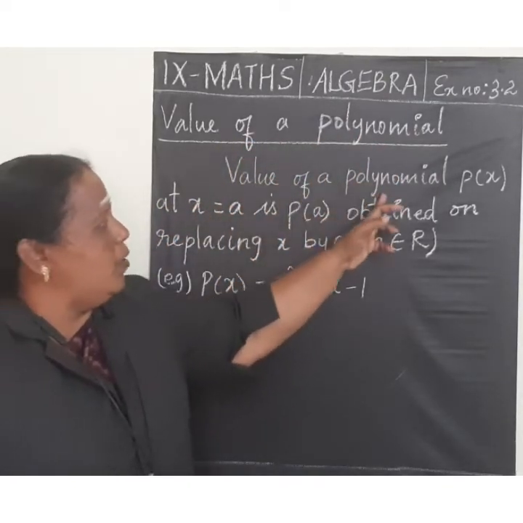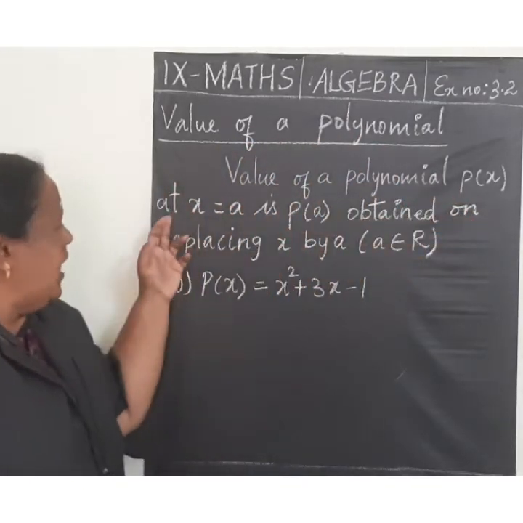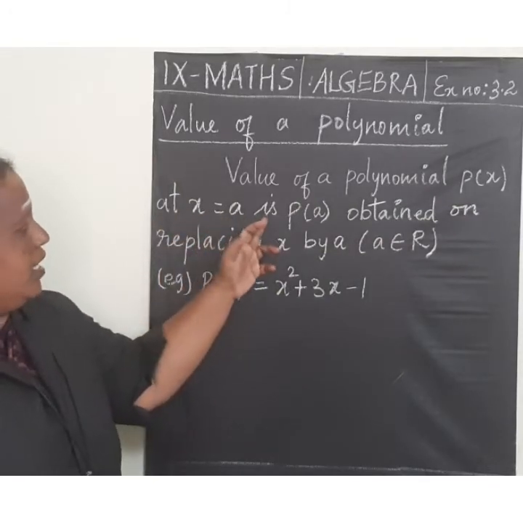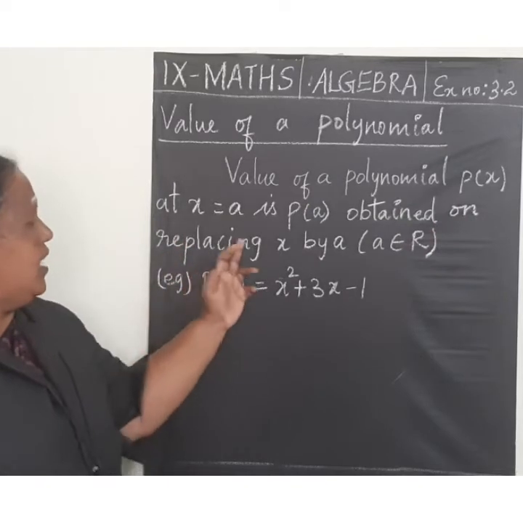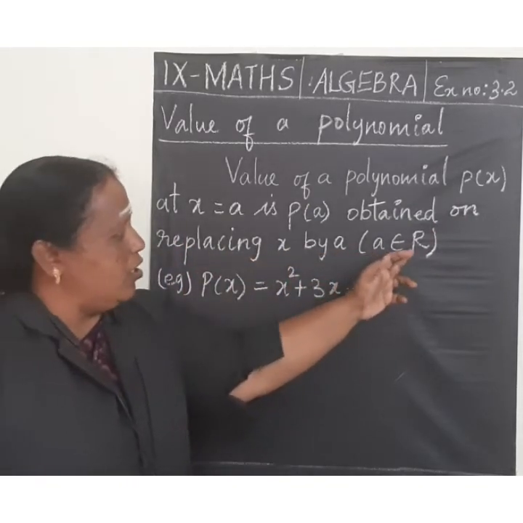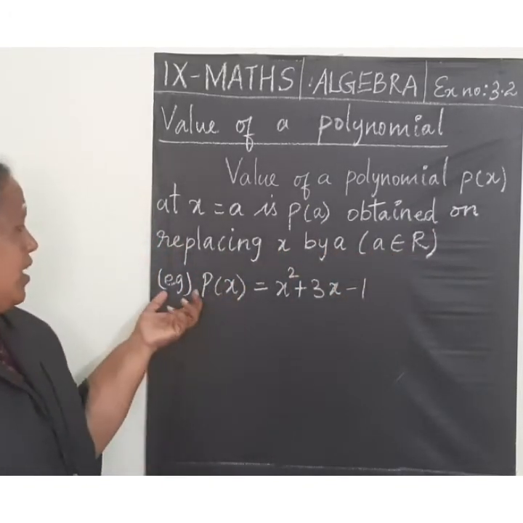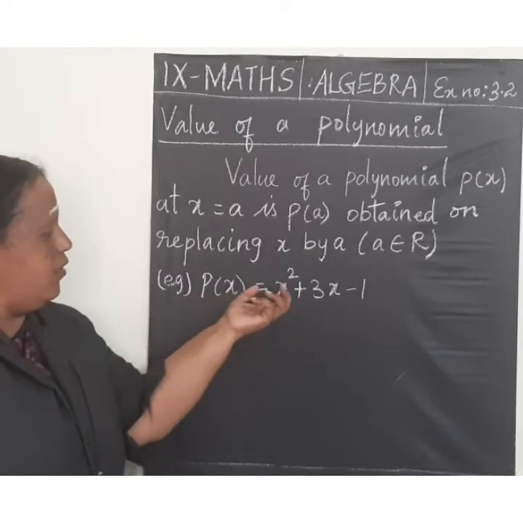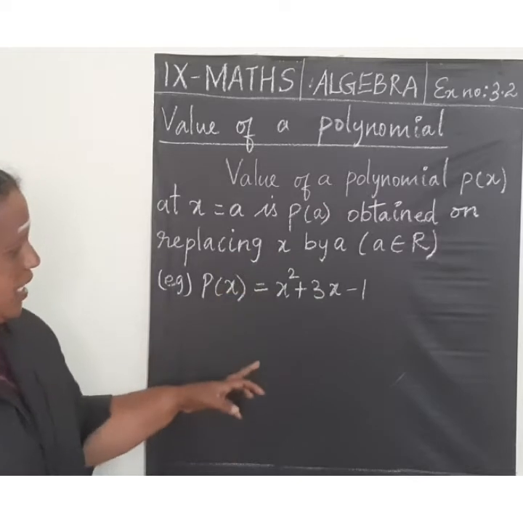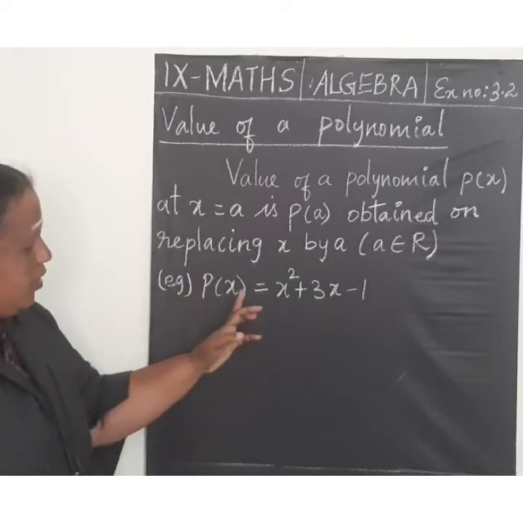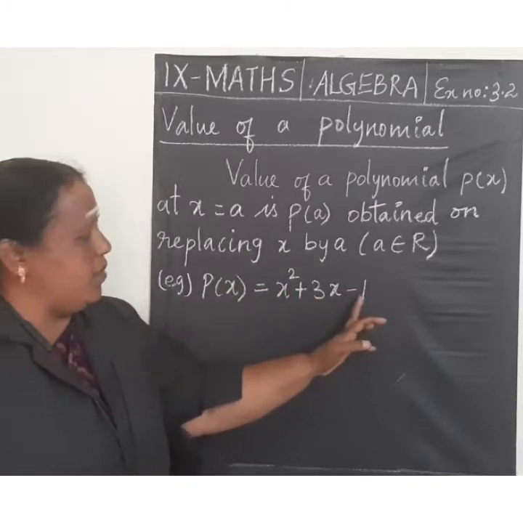Value of a polynomial p of x at x equal to a is p of a, obtained on replacing x by a, where a belongs to the real numbers. Example, p of x is equal to x square plus 3x minus 1. First we will see the example. P of x is equal to x square plus 3x minus 1.